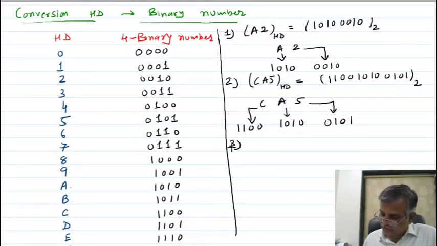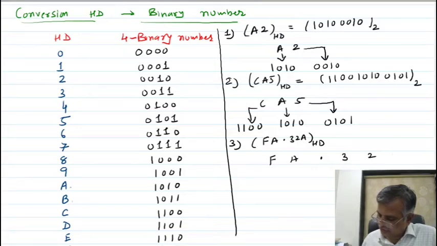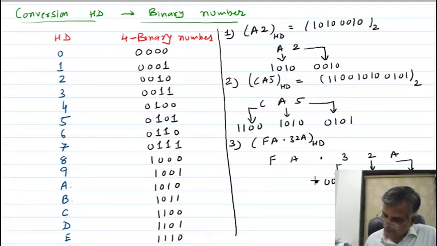Suppose somebody is asking you, sir, I want to do like this, FA point 32A. So this is your hexadecimal. Do not confuse. FA, this is your HD point 32A. So for A I should write 1010. For 2, you can say 0010. For 3, 0011, this is the binary point. Now for A again 1010.